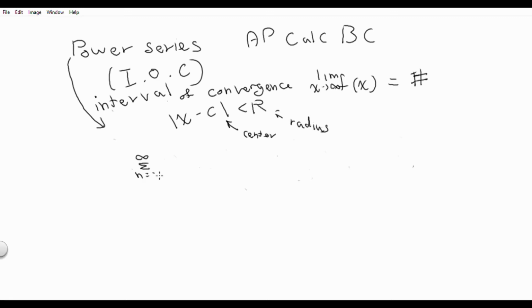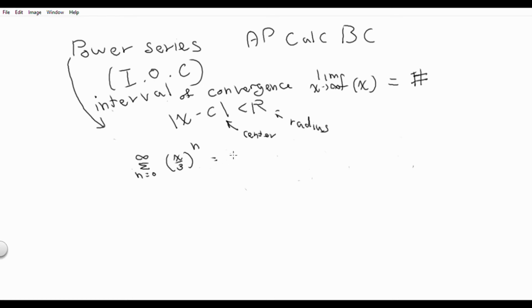Infinity, n equals 0. Let's say x over 3 to the n. So over here, the first thing we know is that x over 3 will be the one getting the power.